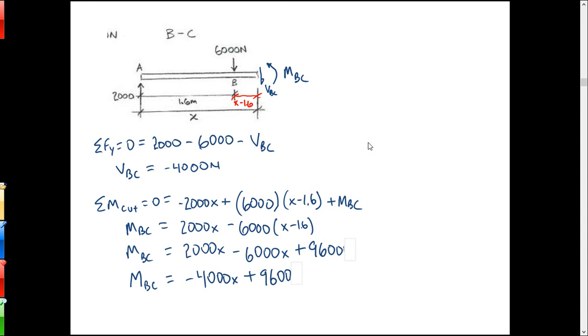So I'm going to have MBC is 2000x minus 6000 times (x minus 1.6), and then that's 2000x minus 6000x plus 9600, so that's negative 4000x plus 9600. So you can plug any value of x you want in there between 1.6 and 2.4, I think it is, and that'll tell you what the moment is. Okay? So it varies.